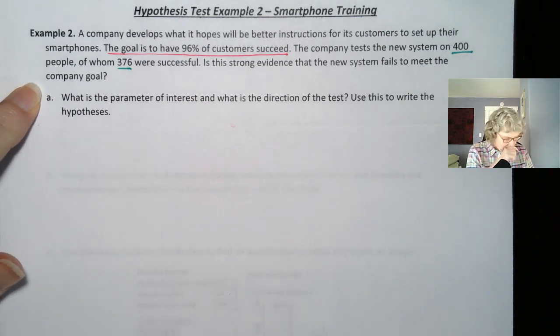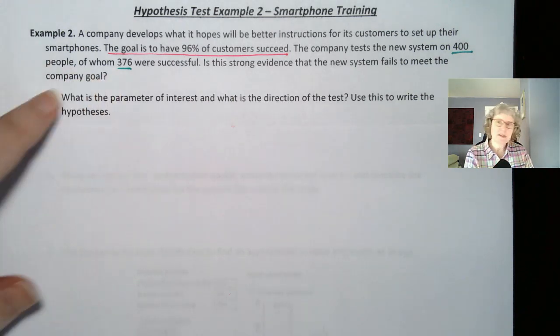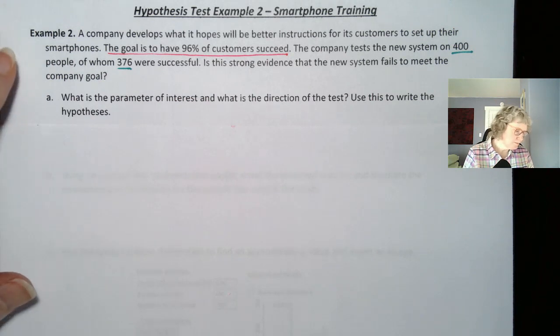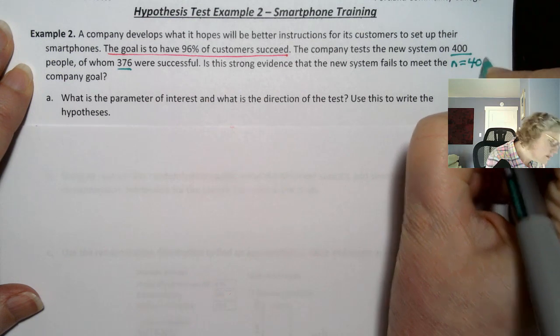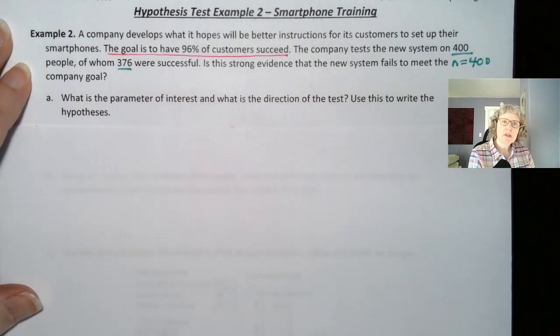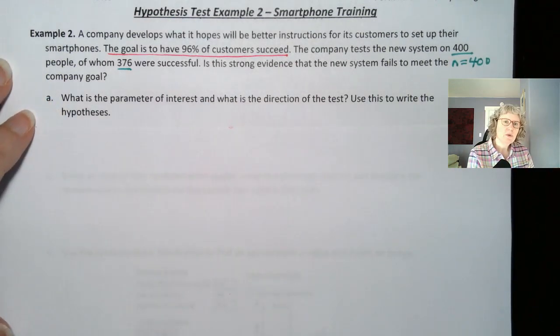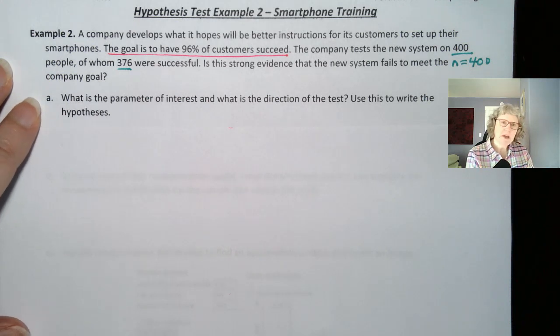So we probably want to calculate this 376 out of 400 and see what it is. But I want to just write out what we've got. Our n is 400. And then thinking ahead to our first step, what's the parameter of interest and what's the direction of the test?